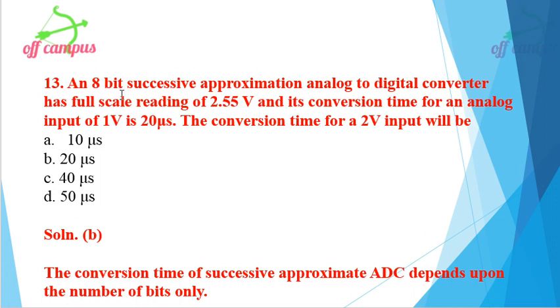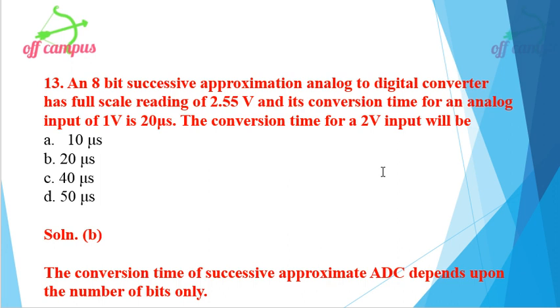See, it is a problematic question. An 8-bit successive approximation analog to digital converter has full scale reading of 2.55 volt and its conversion time for an analog input of 1 volt is 20 microseconds. The conversion time for a 2 volt input will be?